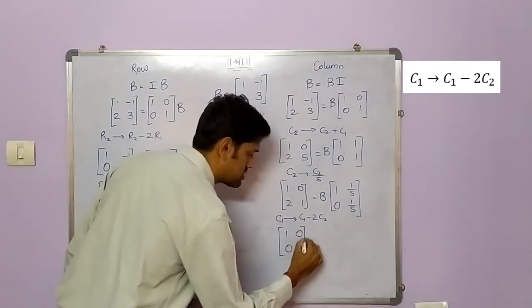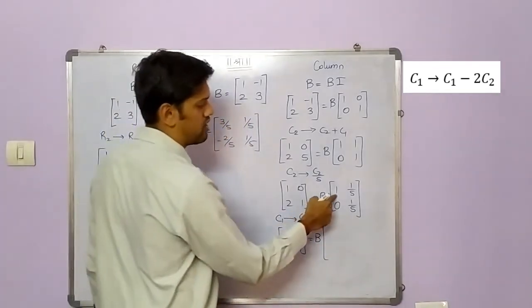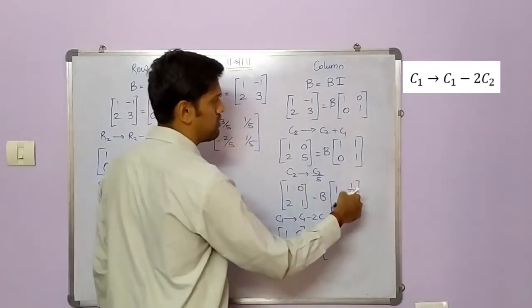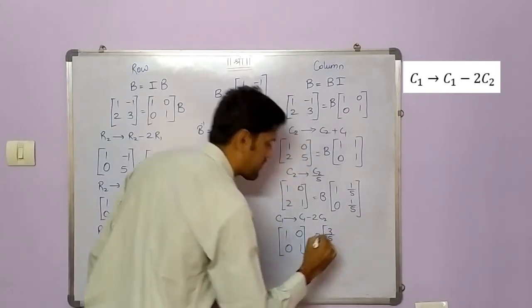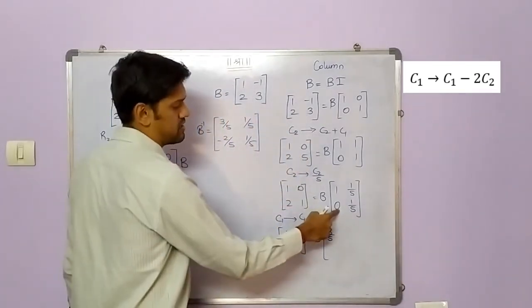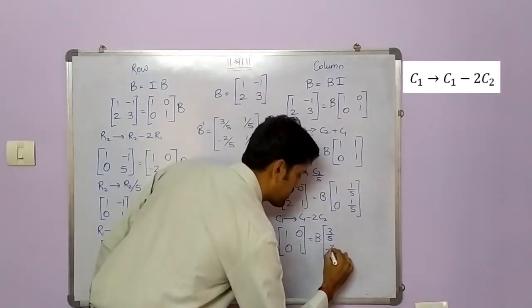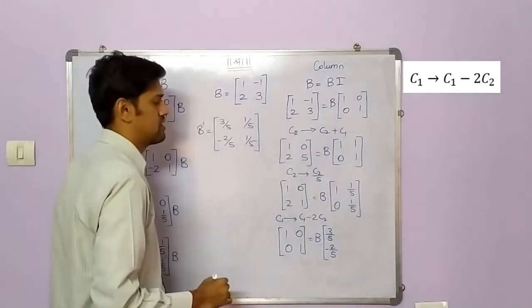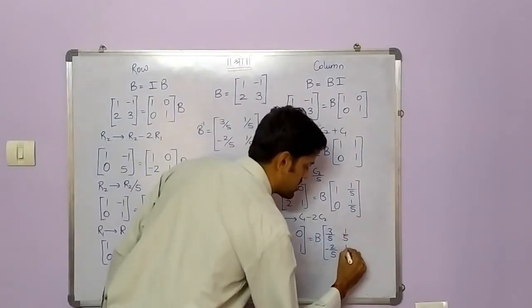Second column as it is equal to B times. Here 1 minus 2 by 5 will become 3 by 5, and 0 minus 2 by 5 will become minus 2 by 5, and column 2 will remain as it is because we are not changing it.